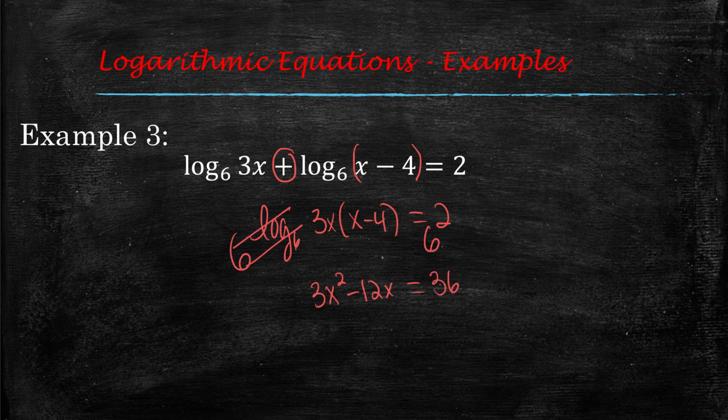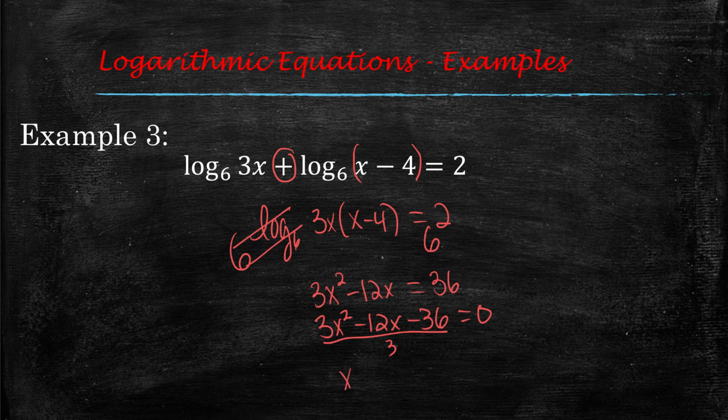Because we have a squared, we do need to get everything on one side, so let's move it all to the left. 3x squared minus 12x minus 36 is equal to 0. We are going to have to factor it. Now, one thing I notice is that all of that can be divided by 3.